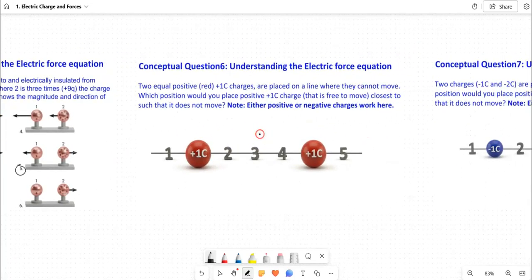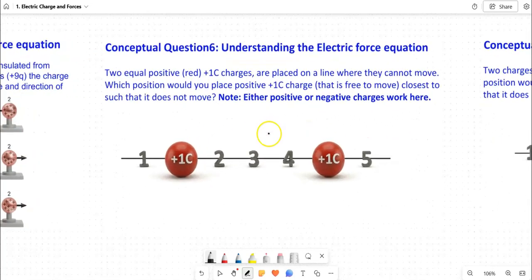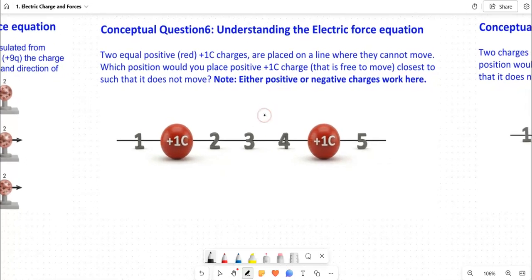All right. Now, these problems are really cool. I like them a lot. If you can do these next couple of problems, you truly do understand the Coulomb force equation. Now, suppose you had a positive 1 Coulomb charge and a positive 1 Coulomb charge anchored in place on this number line.